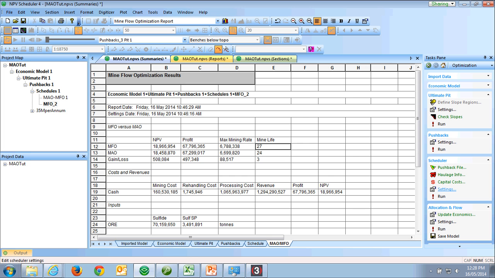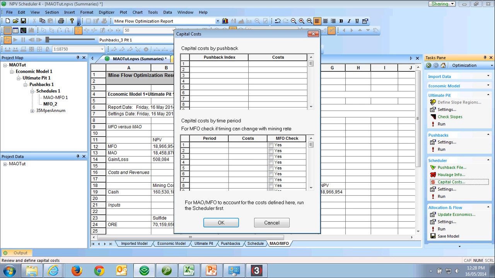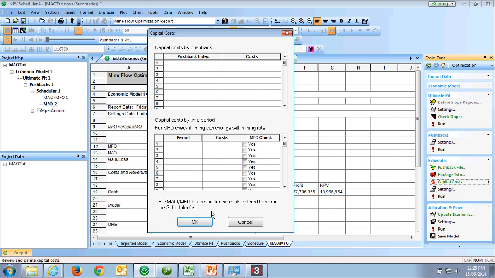When I'm setting up my scheduling settings, I am able to put in capital costs either by pushback or by time period. So if I know when I'm going to have different fleet requirements, or there's a requirement to bring different fleet in, I can then assign that to different years.